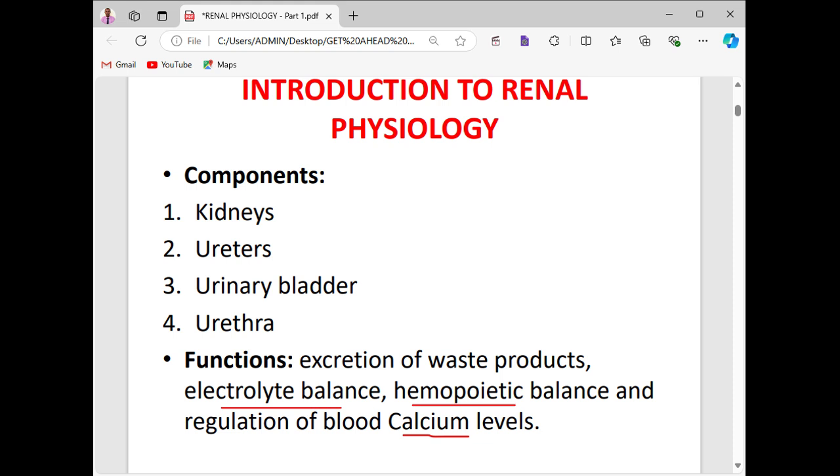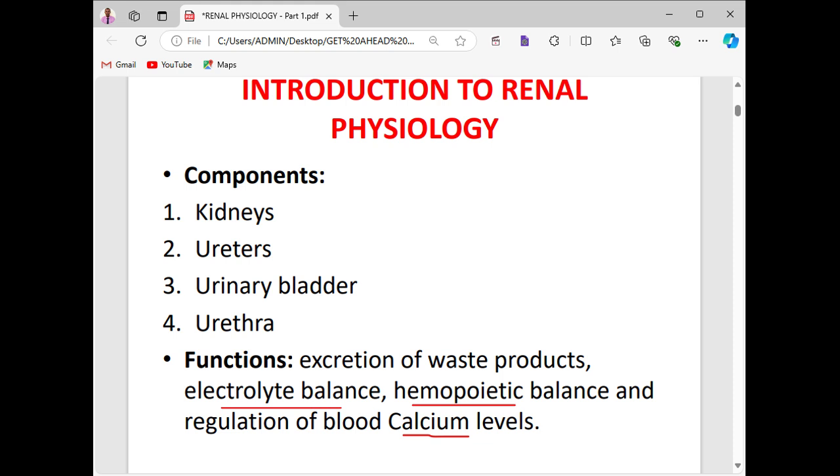We've already said that this urinary system is made up of the kidneys, ureters, urinary bladder, and the urethra. You need to understand that blood enters the renal system via the renal artery, and then it leaves through the renal vein.